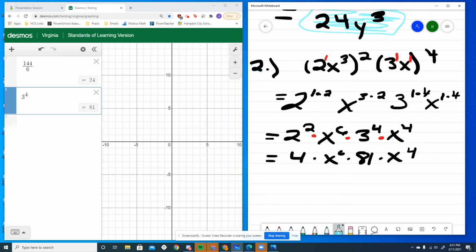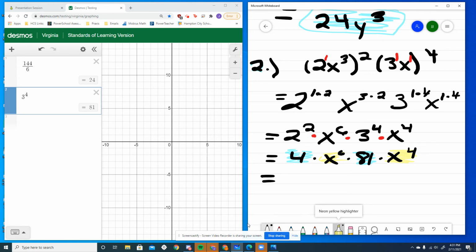Like I said, I know these are all being multiplied. I see that this 4 and this 81 are both numbers, and I see that I have an x and an x right here. What rule do you think I can use?